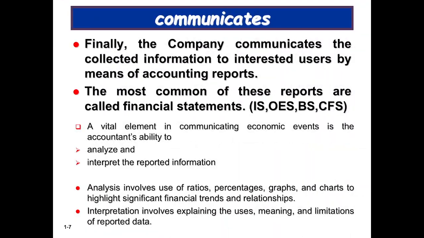Now communicates. Here are the 3 activities of accounting: identifies, records and communicates. Finally the company communicates the collected information to interested users by means of accounting reports. We need to analyze and interpret this accounting report.